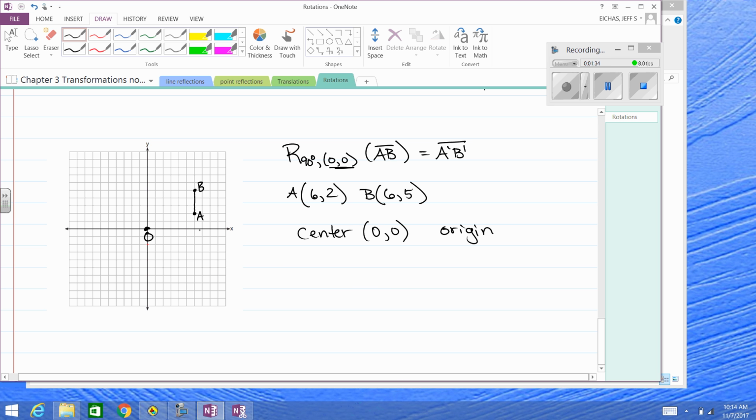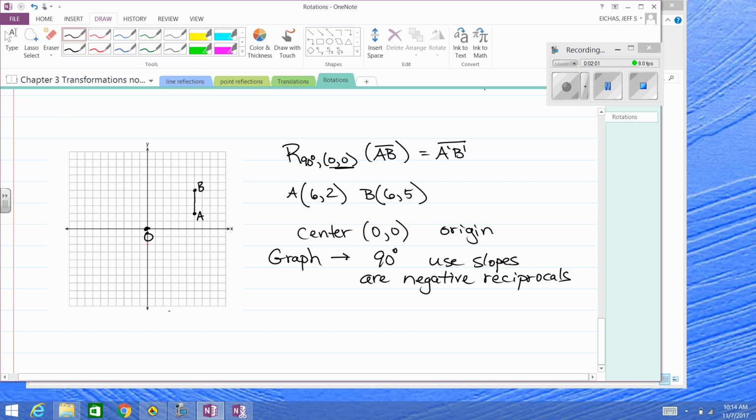To get 90 degrees on a graph, we're going to use slopes are negative reciprocals. You have to use the right geometry concept for the right situation. That means switch the sign and flip the fraction.